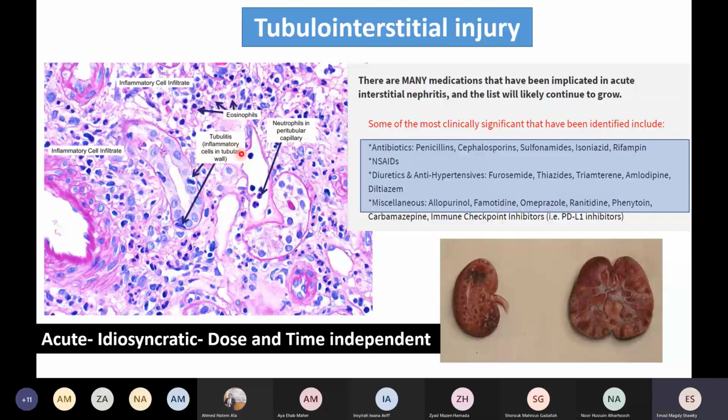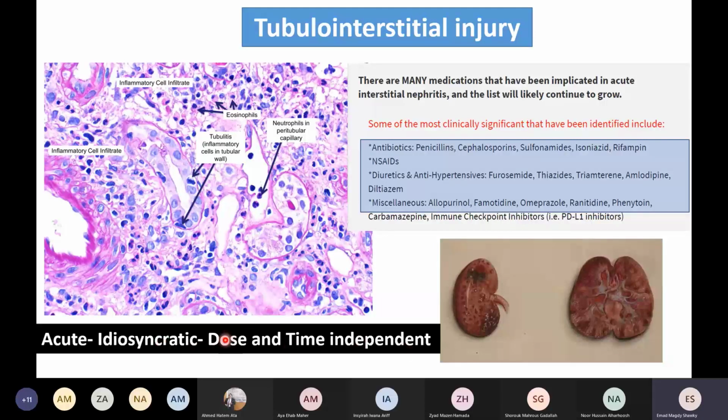This is tubulitis, inflammatory cells in the tubular wall, and inflammatory cell infiltrate in the interstitium. All these blue nuclei in the interstitium are eosinophils. These are neutrophils in the peritubular capillaries. This is the picture of acute interstitial nephritis. So some drugs can induce it by idiosyncratic action. It is not dose- and time-dependent.